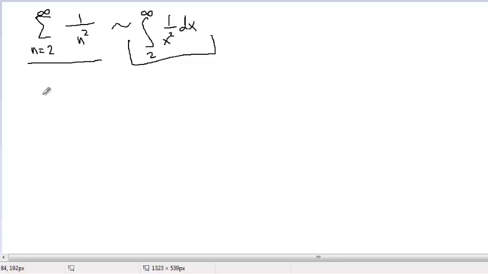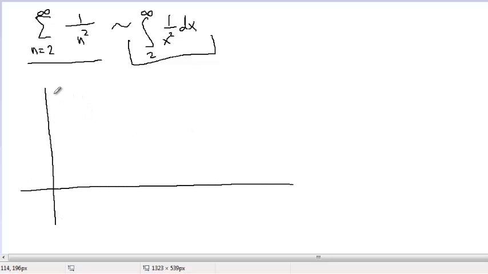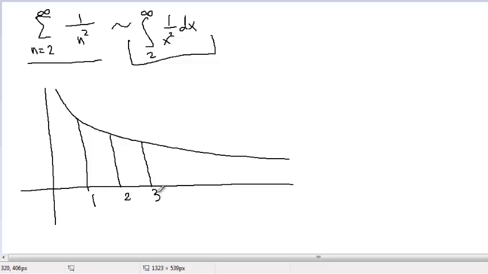So this is best understood on a picture. So let's look at the graph of 1 over x squared, and let's try to visualize this sum and this improper integral or some other improper integral on this picture. So let's say here is point 1, here is point 2, here is point 3, and so on.